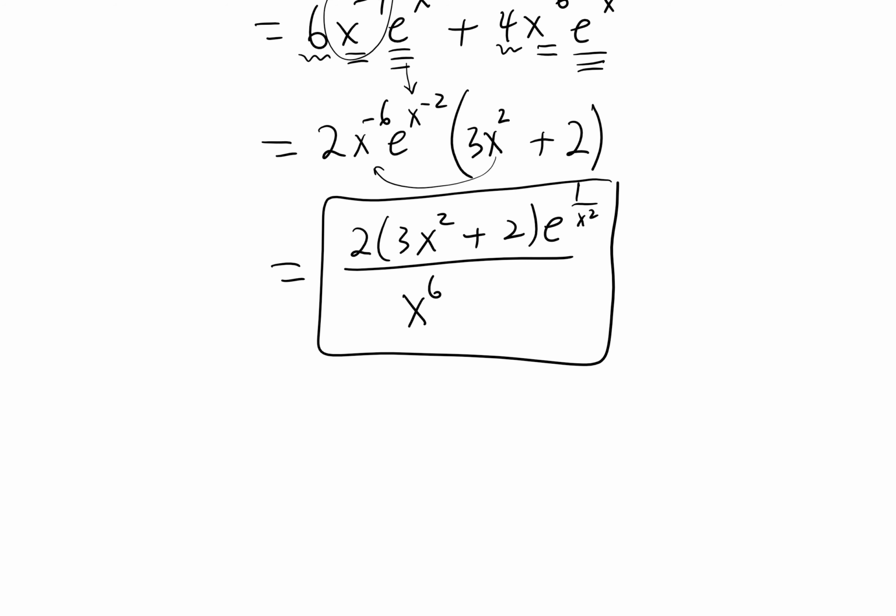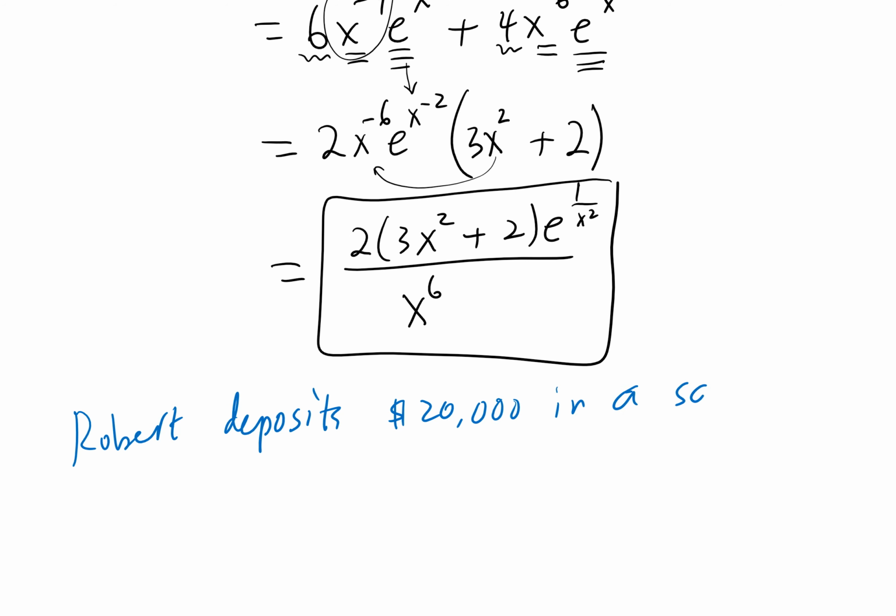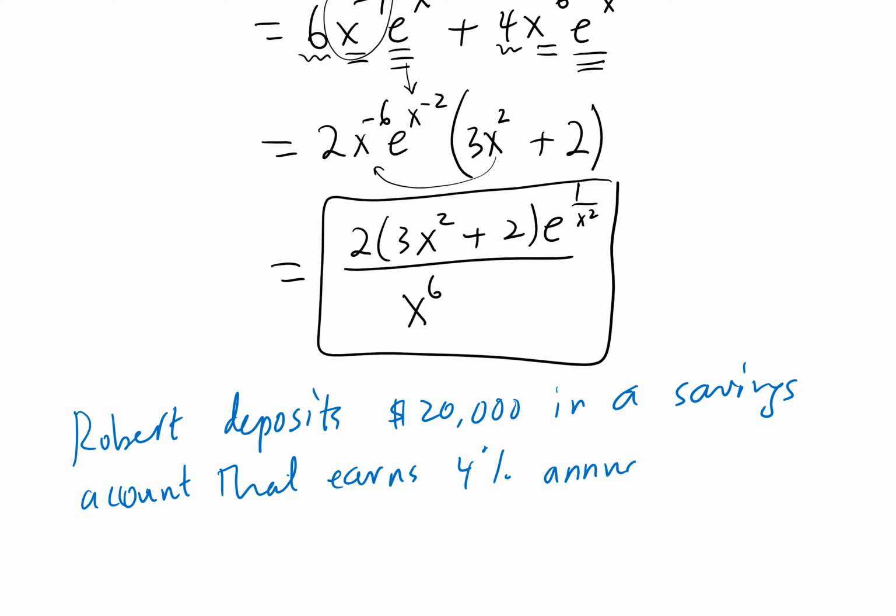So let's say Robert deposits the $20,000 that we started with in the previous section in a savings account that earns 4% annual interest, and this is compounded continuously, as we did in the previous section, compounded continuously.